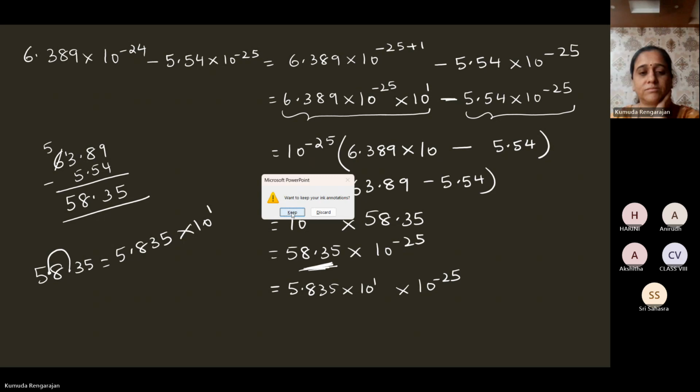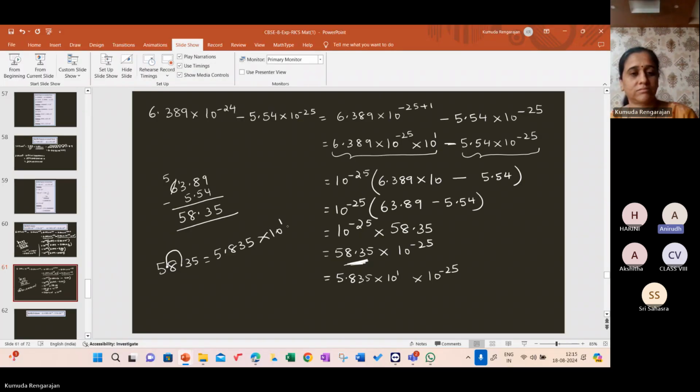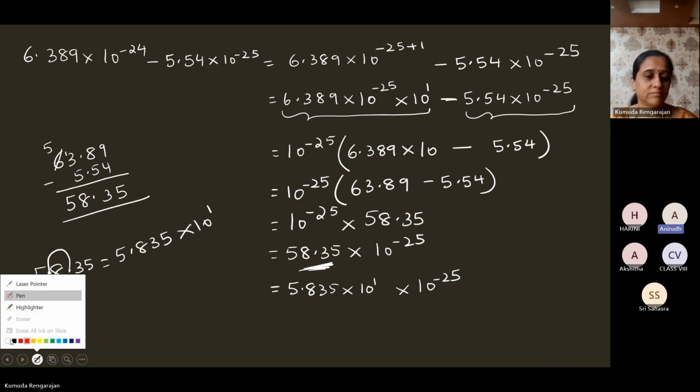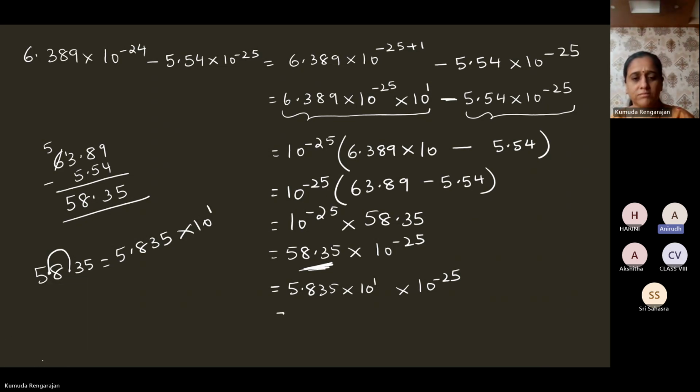Ma'am, I also did till this. I got 58.35 into 10 to the power minus 25, and then I got stuck and only then I copied it. Correct. Okay, fine, good. You did it till there by yourself. But I told you to listen to me and not do it by yourself.